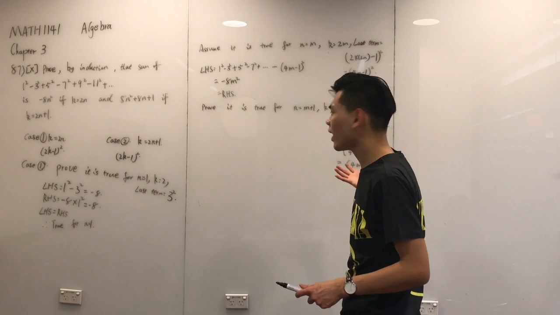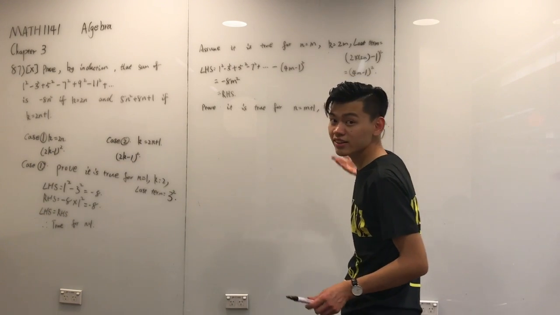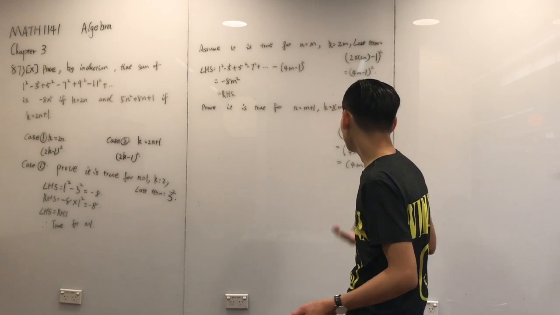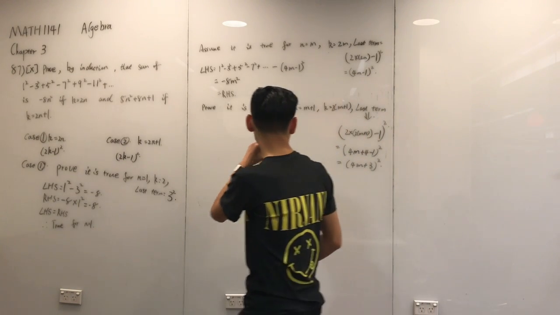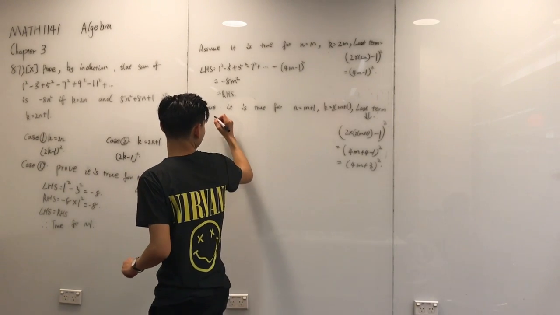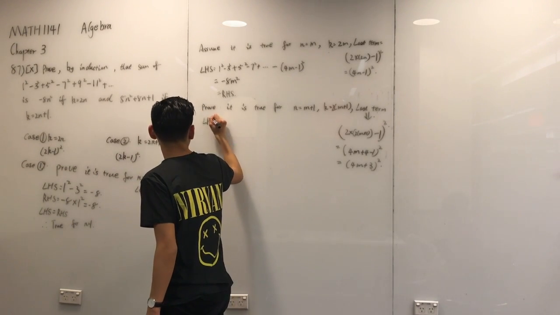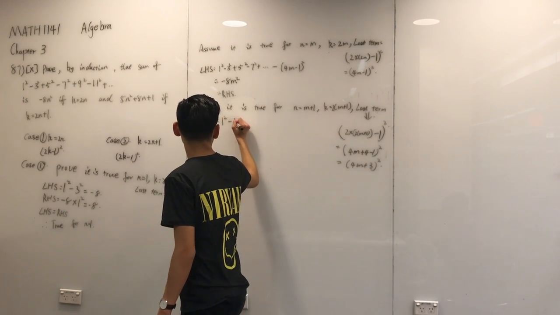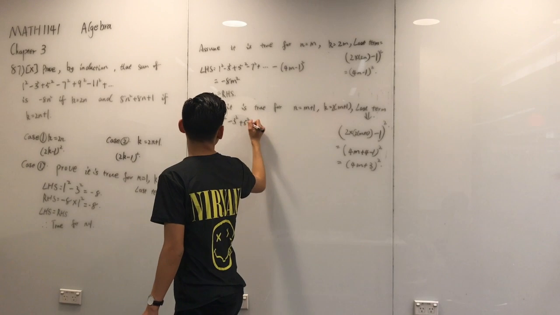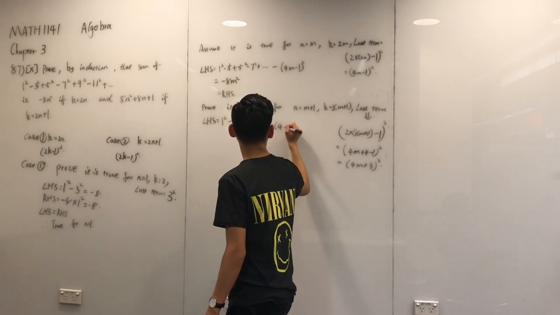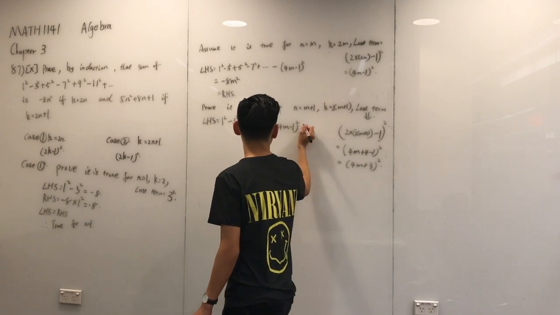So you can see why I need to write down what the last term is, which will make this process much easier, right? So now we need to prove this. We have the left hand side, which is 1 squared minus 3 squared plus 5 squared minus 7 squared, plus minus (4m minus 1) squared, right?